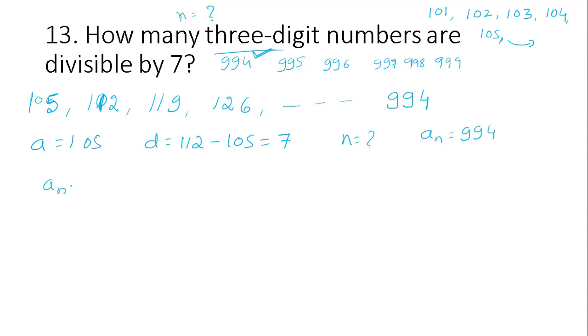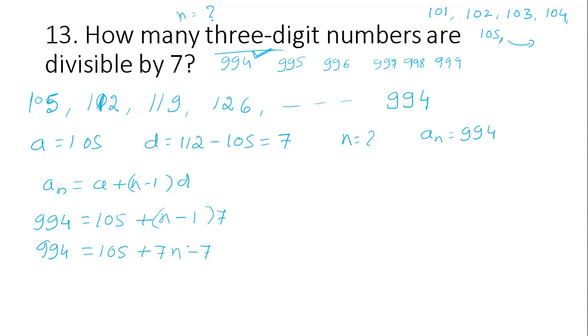We know that An is equal to A plus N minus 1 into D. 994 is equal to A here 105 plus N as it is minus 1 into D here 7. 994 is equal to 105 plus 7N minus 7. 105 minus 7 is 98. 994 is equal to 98 plus 7N.